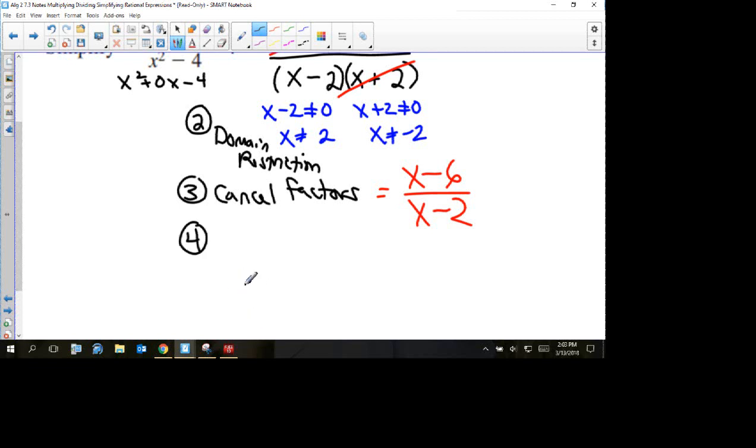After you cancel stuff, now we have to recheck domain restrictions. So right now, what can x not equal?